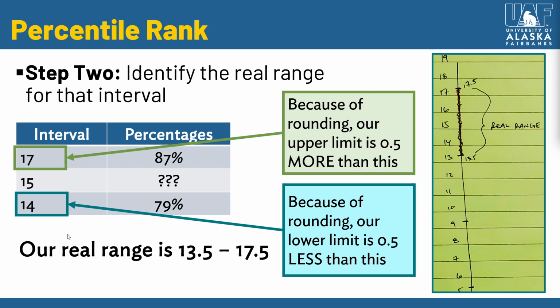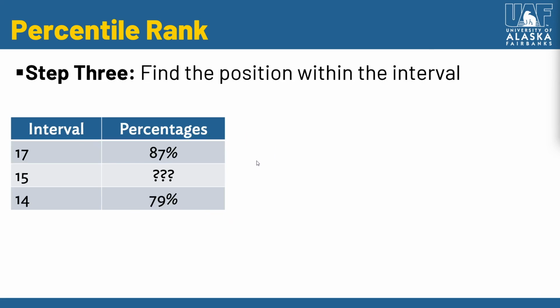Real range is kind of counterintuitive: if we just did 17 minus 14, that would be 3, and we might think that's the range. But with real ranges, it's one more than that. It's 4, because it's from 13.5 to 17.5. So the range width is 4, the value we calculated in the previous example.